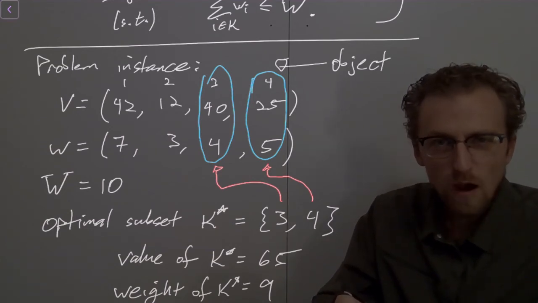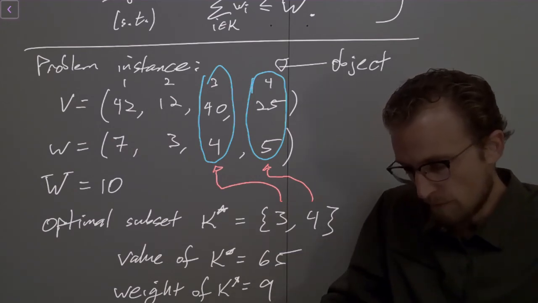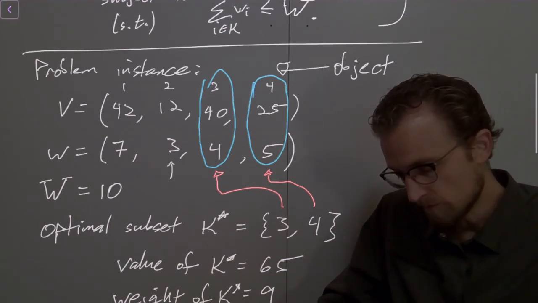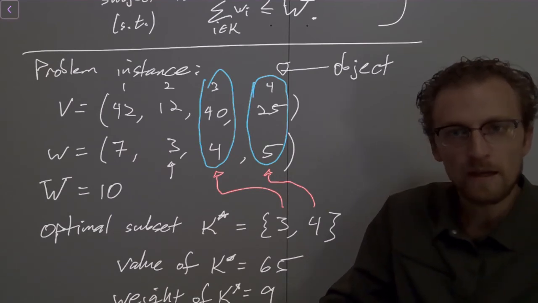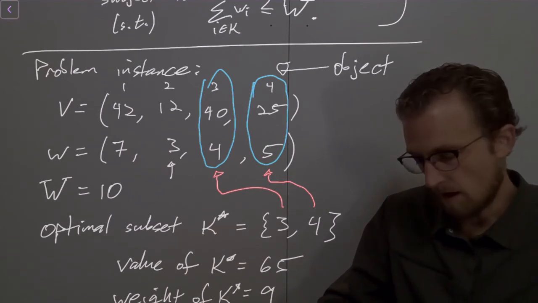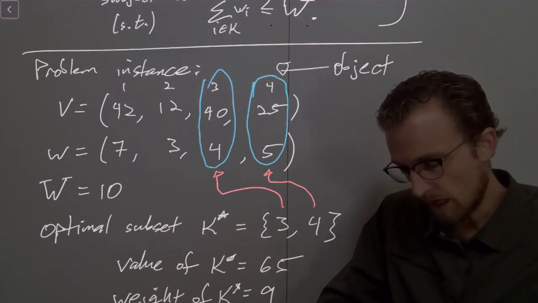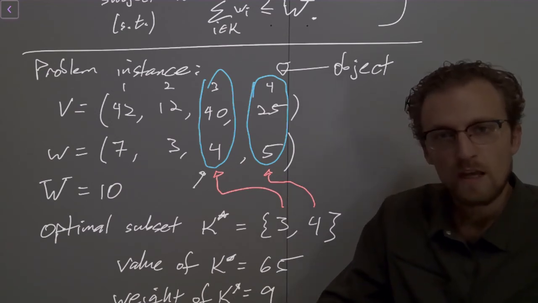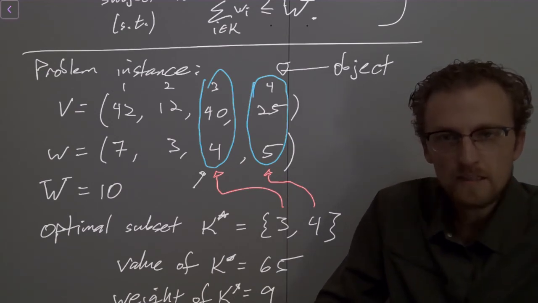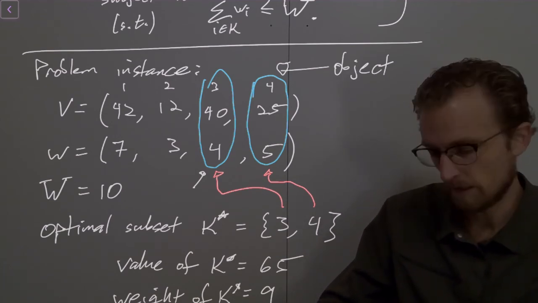Well, I only have 2 options. There's only 2 feasible subsets. I can put in just item 2, which by itself would fit in a bag of capacity 5, and it would give me a value of 12. Or I could put in just item 3, which, because it has a weight of only 4, would fit in a bag of 5, and it would give me a value of 40.